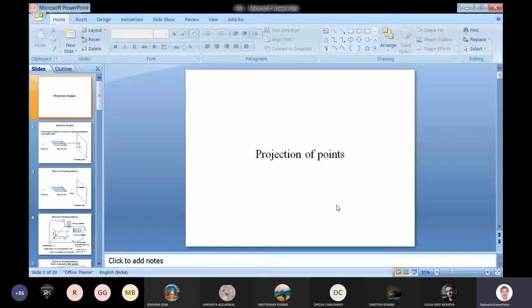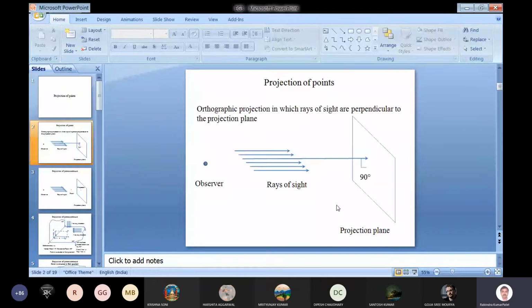So here there are three things shown. One is the observer, other is the rays of sight, and third is the projection plane. One thing you can observe is that the ray of sight is perpendicular to the projection plane.